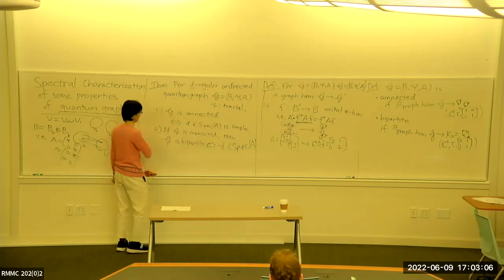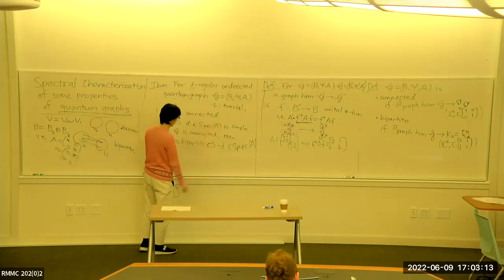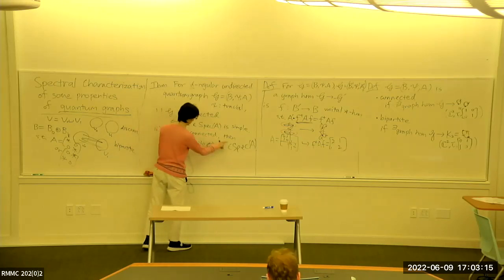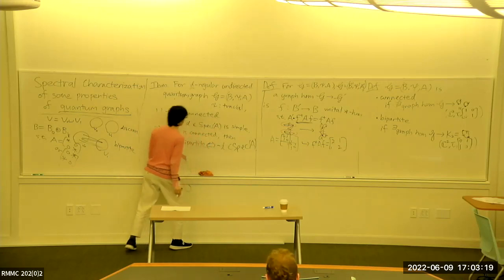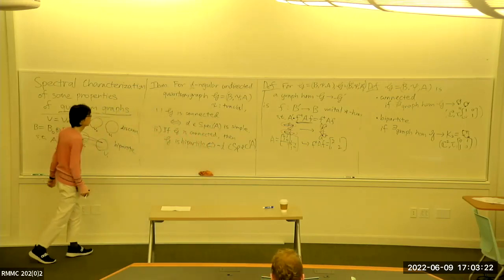And under the assumption that G is connected, G is bipartite in that sense if and only if negative D is in the spectrum of A. So this is the main result.